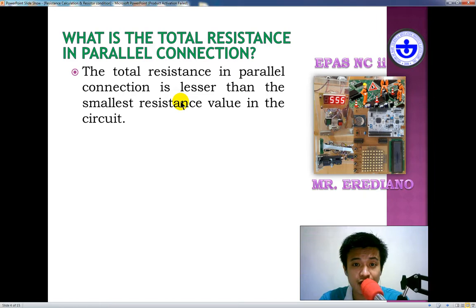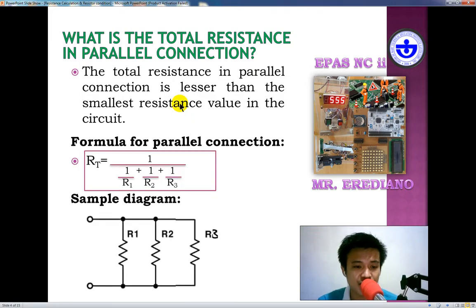So let's try to find out, I have here an example. Let's try to solve if it is correct that the total resistance value in parallel connection is lesser than the smallest resistance value in the circuit. Okay, so we have here the formula for parallel connection.